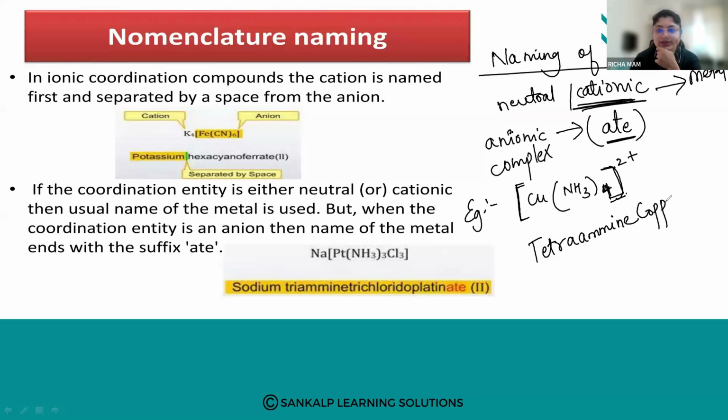Now we'll see the oxidation state. Copper is x plus 0 equals plus 2, so x equals plus 2 only.